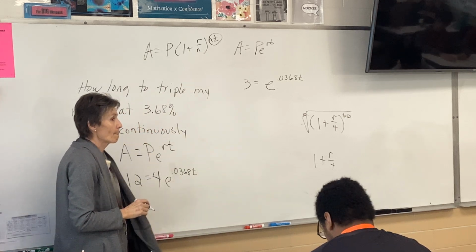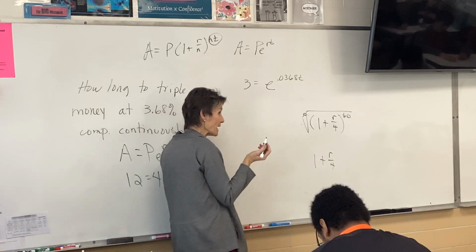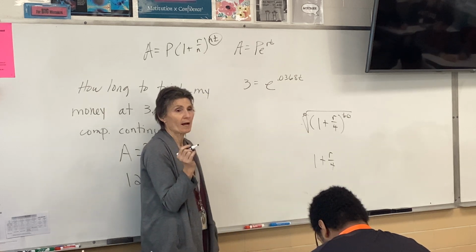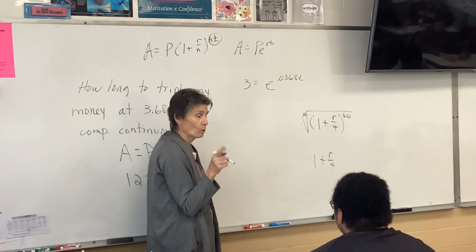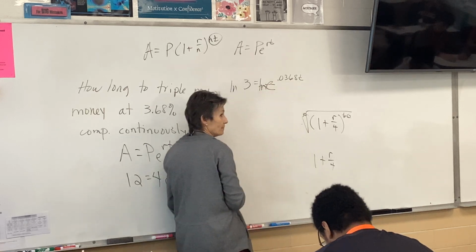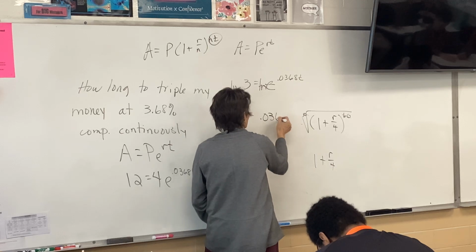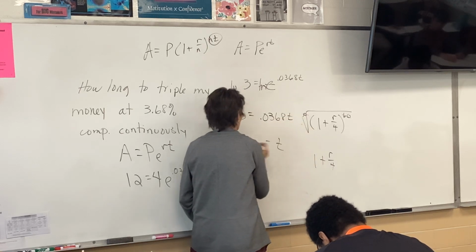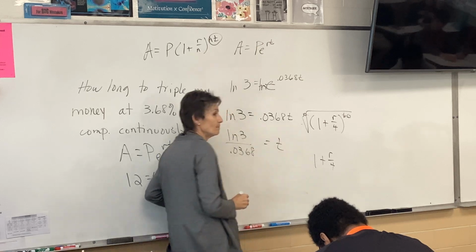Now what? Log both sides. You can log both sides, but I would prefer ln. Log will work, absolutely. ln makes it easier. So ln 3 equals 0.0368 t. And I'm just going to divide by 0.0368.